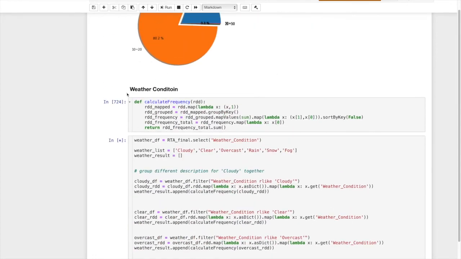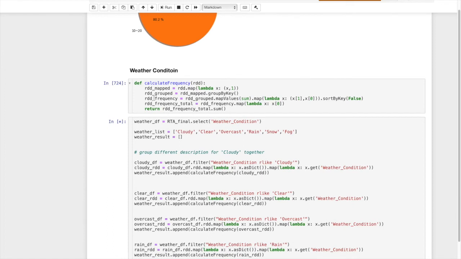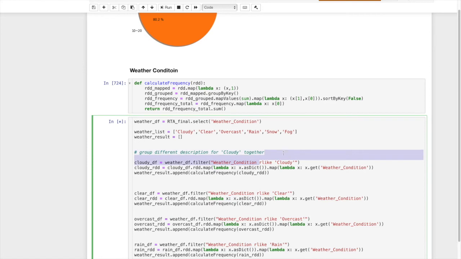Still using weather condition as an example, this is the function for word count. Regarding each weather condition, there are different descriptions, such as partly cloudy or totally cloudy. So we use a LIKE 'cloudy' condition to filter the data that contains cloudy.